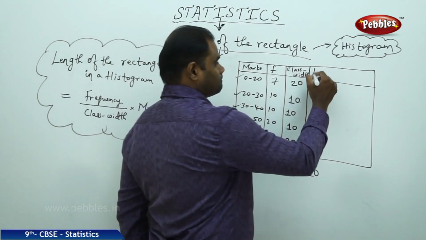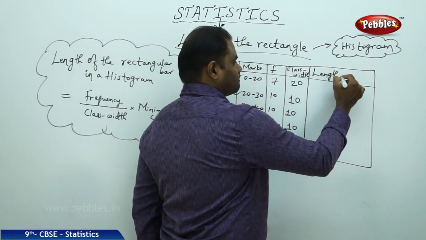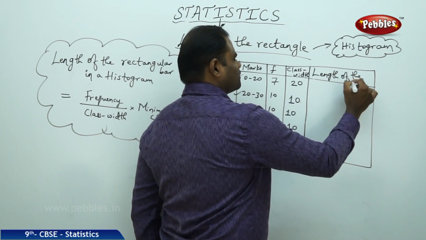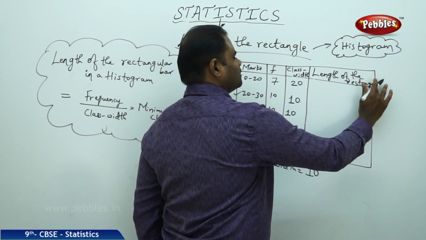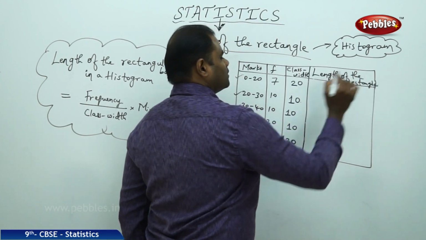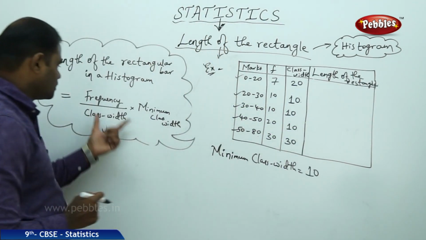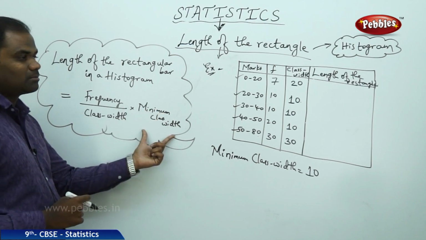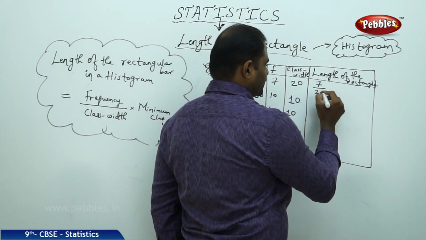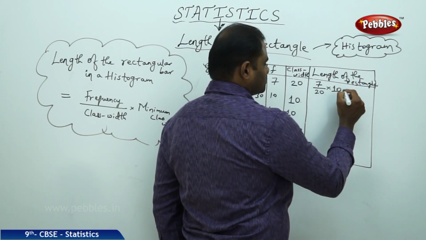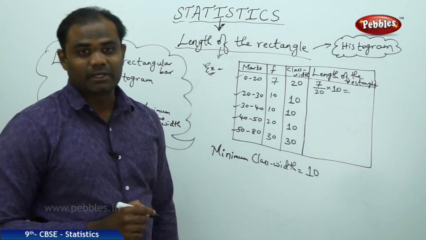Therefore, the length of the rectangle is given by the formula frequency by class width into minimum class width.